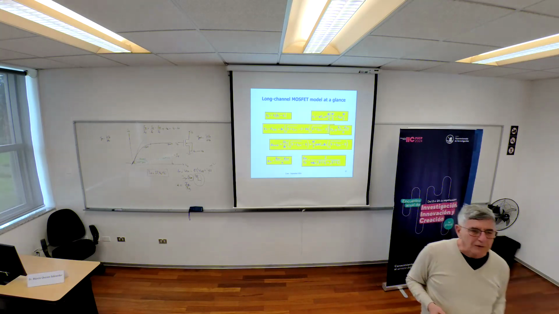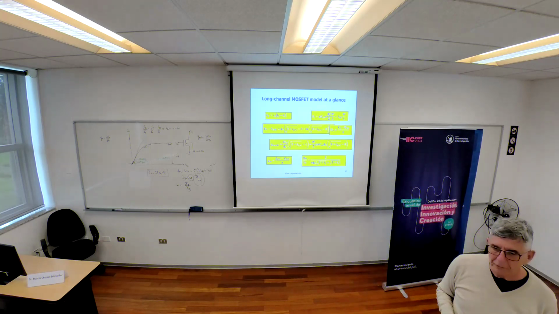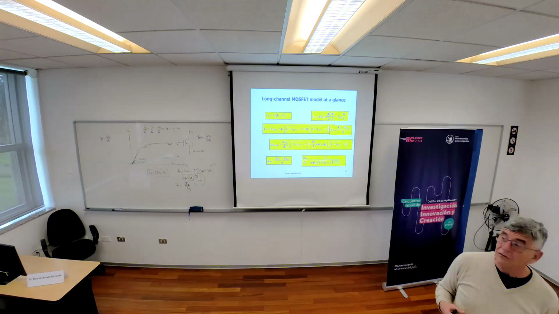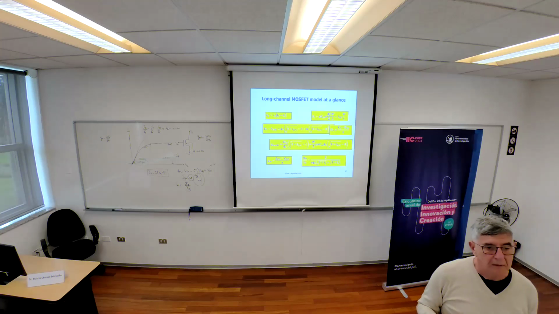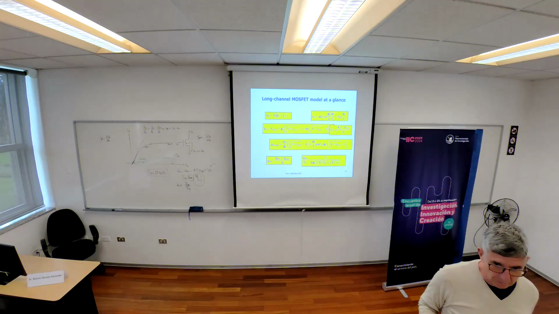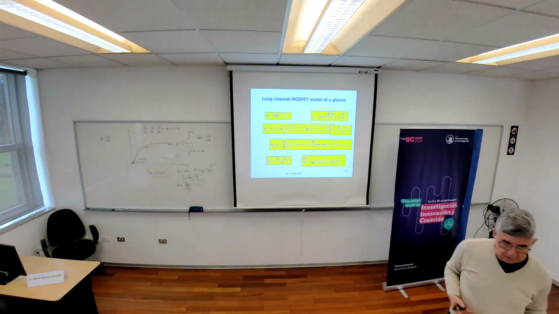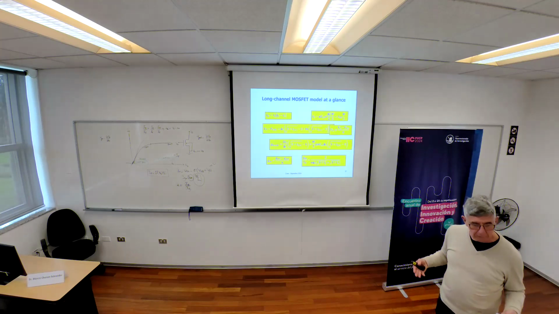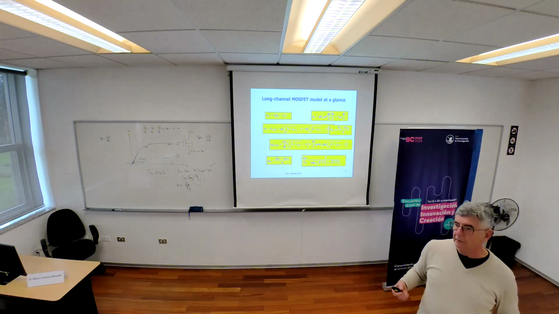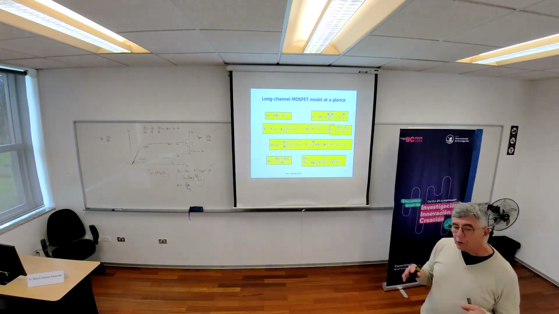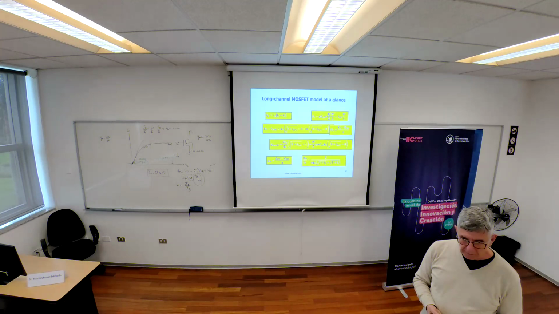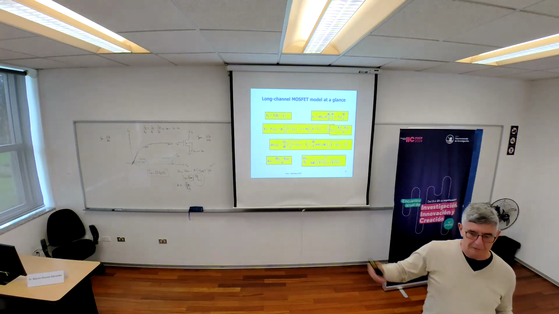Let's say that it's not important here for our course, but it's really important for the transistor model, because the transistor model should include all the regions and also the high velocity region.